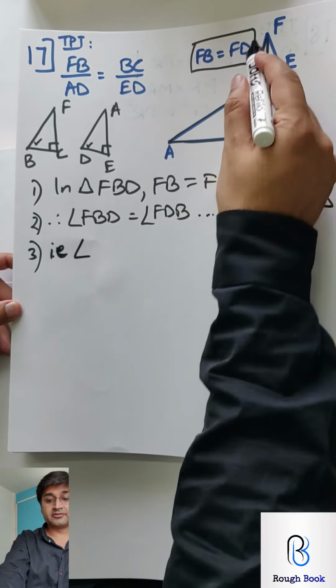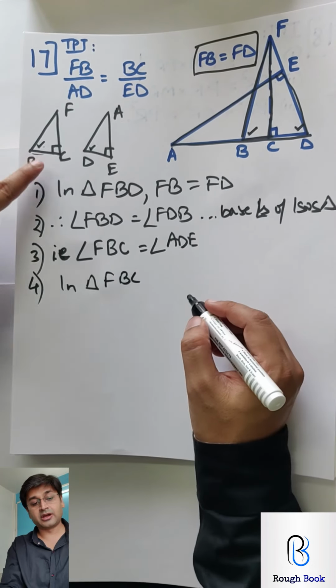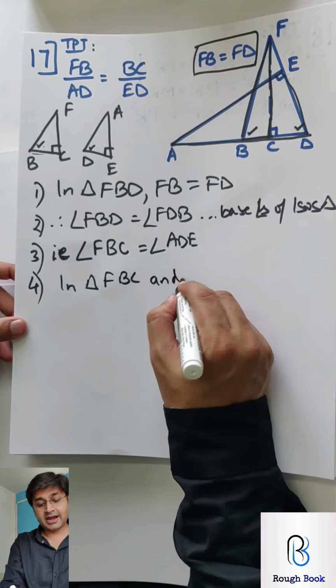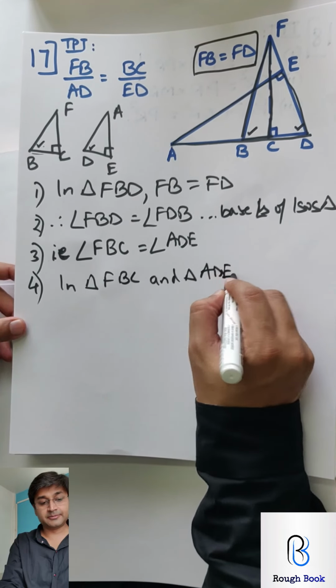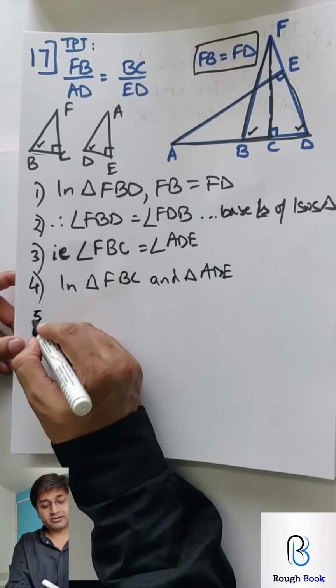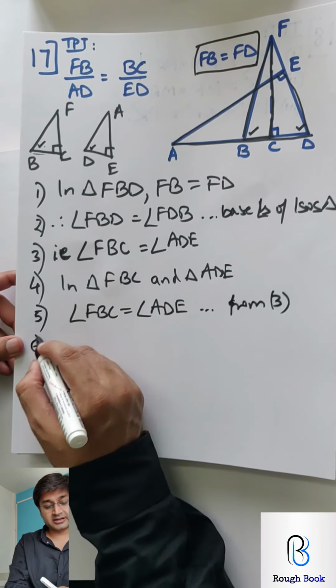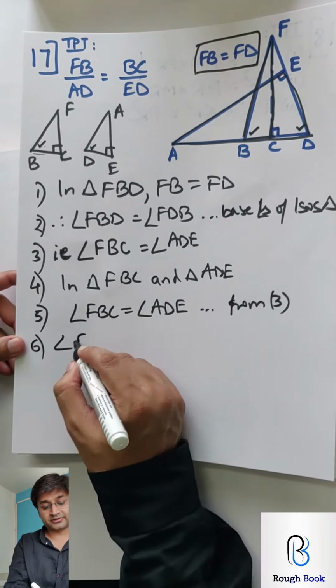Now 4 golden steps for your triangles. So in triangle FBC you can look at these diagrams, and triangle ADE, FBC, ADE. First thing, angle FBC equals ADE from 3. Second angle FCB equals to AED, each 90.